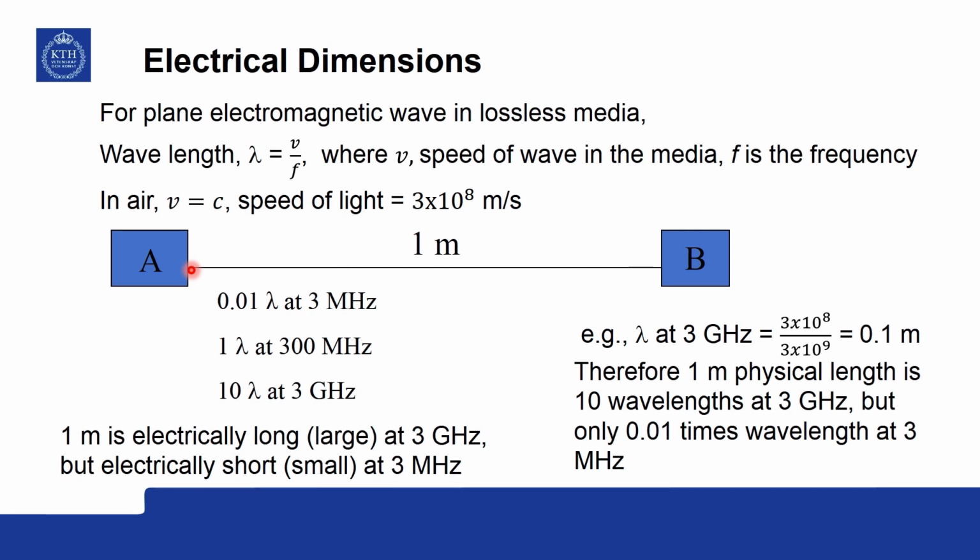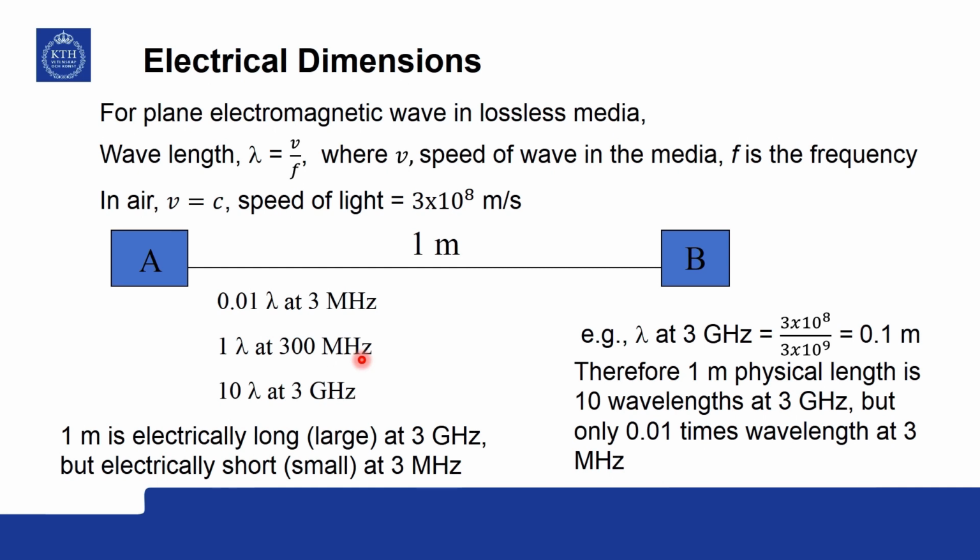because at 300 megahertz the wavelength is 1 meter. That is the speed, 3 into 10 to the power of 8, divided by the frequency 300 megahertz, which will give you 1 meter.